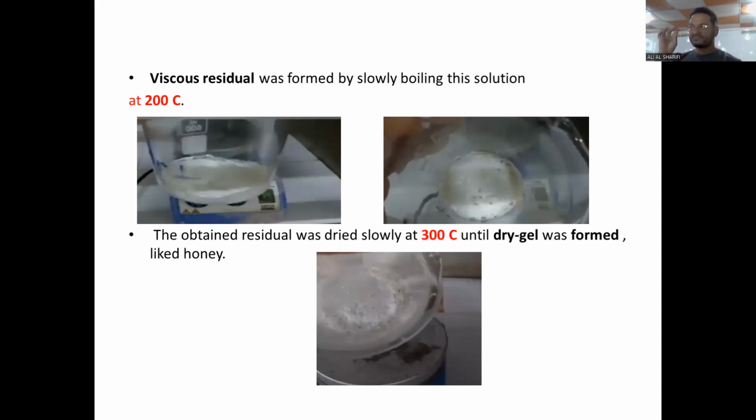Something like honey, like foam, viscous, formed by slowly boiling the solution. That means increasing the temperature more, from 150 to 200. And the obtained residual was dried slowly at 300 Celsius.